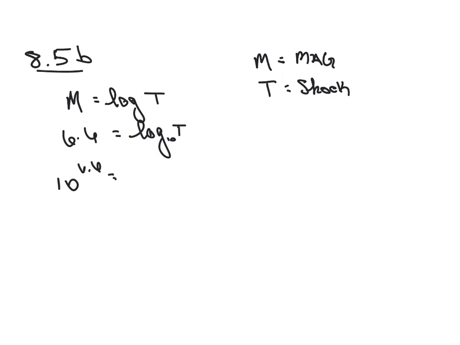And in this case, it'll be 3.98 times 10 to the 6th. And that's the shock wave. So, like I said, if the number they give you is all by itself on the other side of the equal sign from the log, you'll be using your anti-log key, which is 10 to the x.